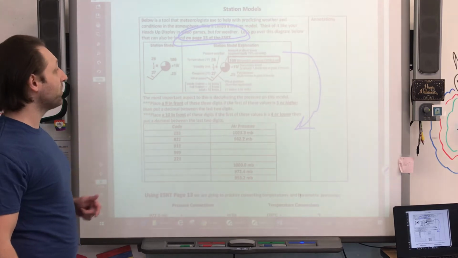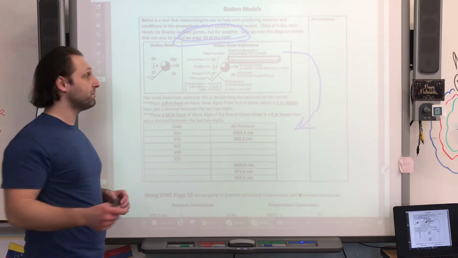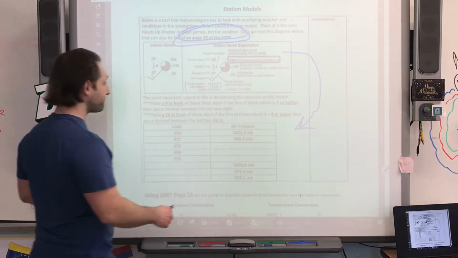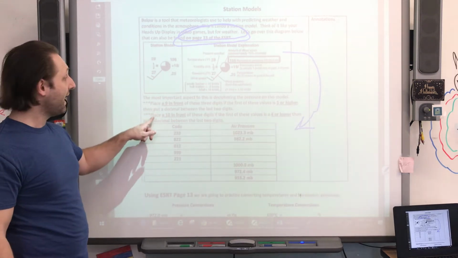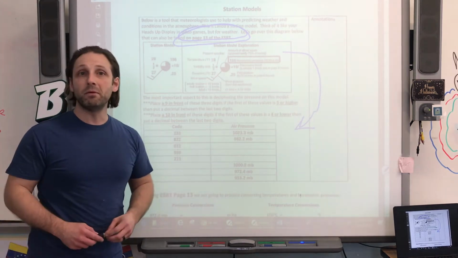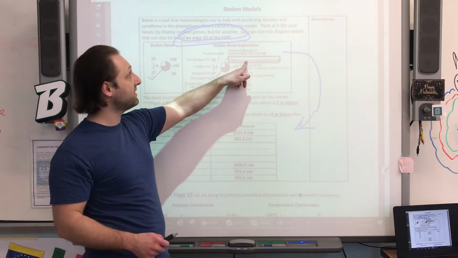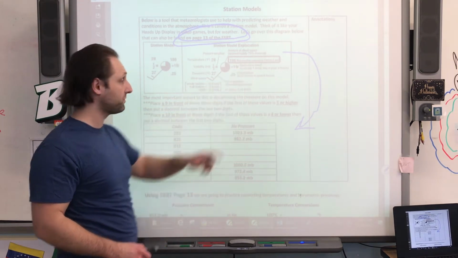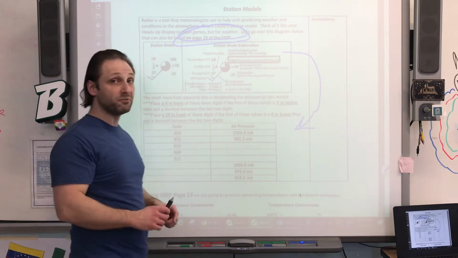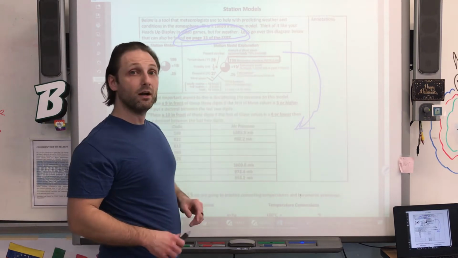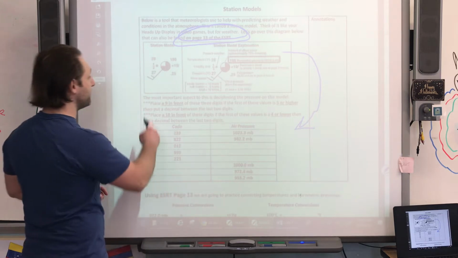The most important aspect of this is deciphering the pressure on this model. There's a rule here, and these sort of have to be memorized, because the rule with a 9 doesn't exist in this example in your reference tables. Only the example with the 10 in front is represented here. So let's read through this.